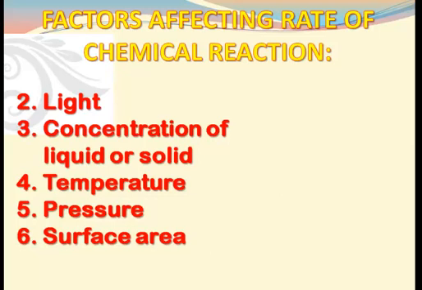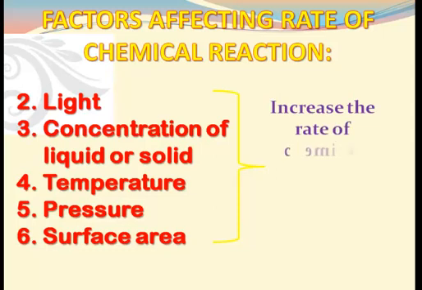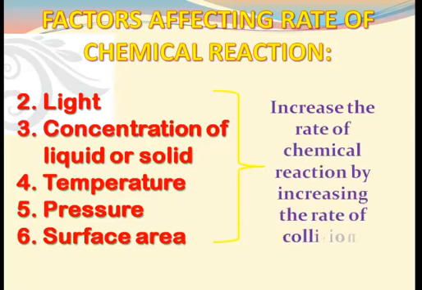This is the remaining 5. It means 1 remains, which is catalyst, which I've not discussed. Here, I just want to say that all of them, light, concentration, temperature, pressure, surface area, increase the rate of chemical reaction by increasing the rate of collision of the reacting particles.